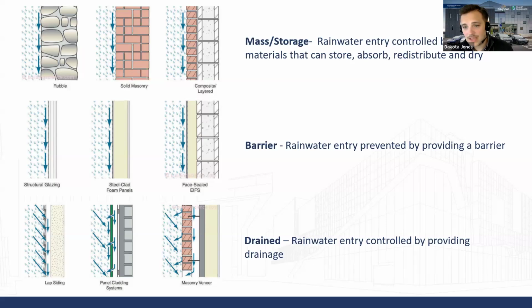So what we've done is take the idea of a wall that can breathe, via the mass storage wall, combine it with the really rigid barrier wall system that's not going to let anything through, and hybridize the two toward a drained assembly system. This is an engineer's dream because of redundancy. We have a backup wall, this barrier wall system, with an air gap in front of it. We'll talk about why that's important in a moment.